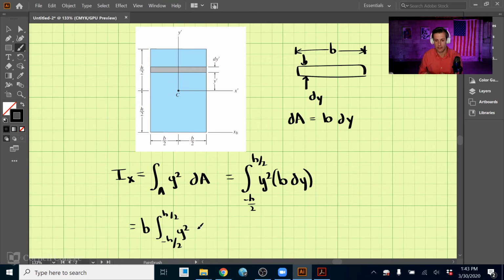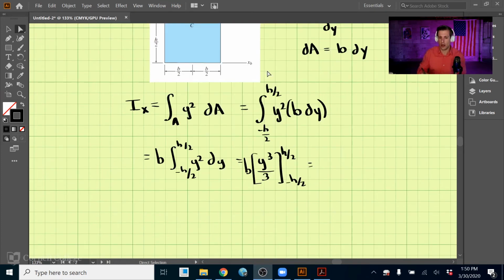y squared dy. Integrating that, we have y cubed divided by 3, right? That's the integration there. And remember to put the b out front because that's a constant. And we are evaluating this from negative h over 2 to h over 2. All right, so what's that come out to be? Well, let's follow the calculations out.